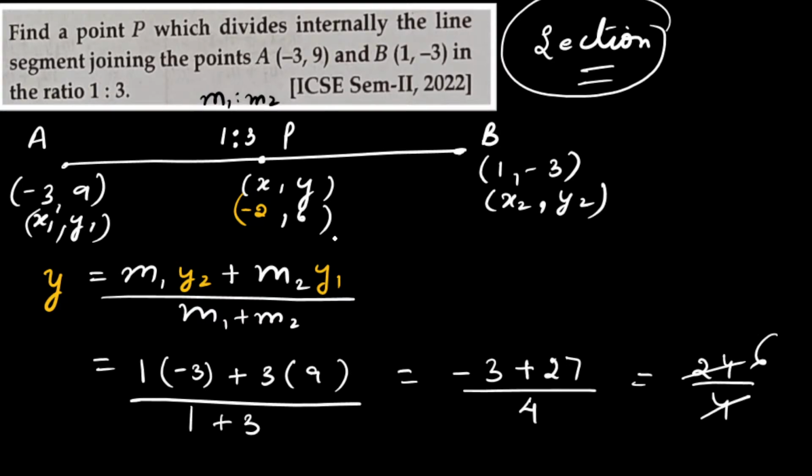So -2 comma 6: x value is -2, y's value we are getting is 6. So that's what we had to find in this question, the coordinates of point P. So you can write coordinates of point P are -2 comma 6. It was a direct question, only the section formula you have to apply and you can find the coordinates of point P.